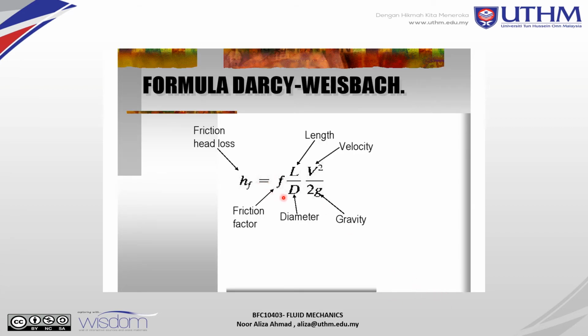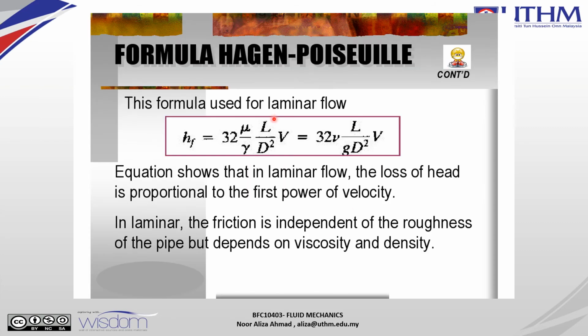Okay, the Darcy-Weisbach formula: HF is equal to F times L over D times V squared over 2G. This is the equation to find HF using Darcy-Weisbach. The Hagen-Poiseuille formula is used only for laminar flow.